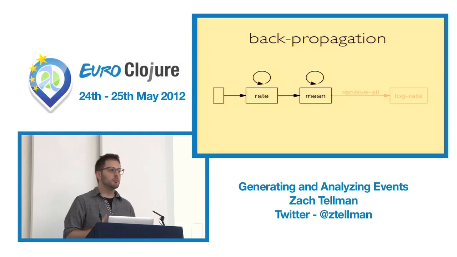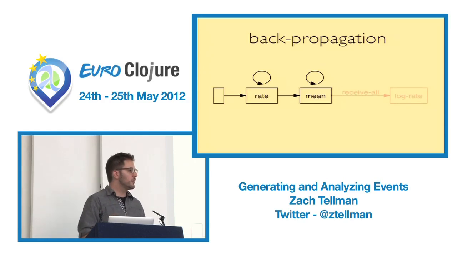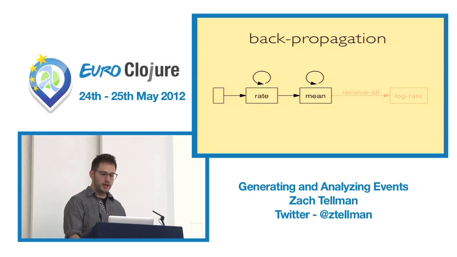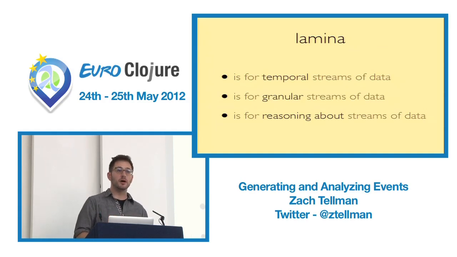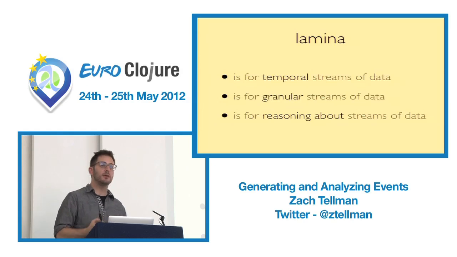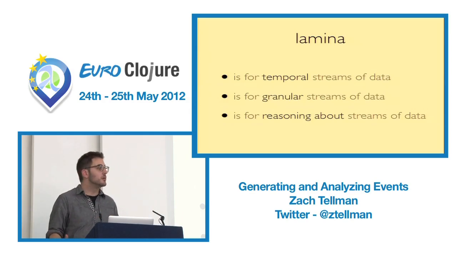It's not really a problem, but the point is that we're kind of tending towards this mechanism that I've already described. And so Lamina has a niche. It has something that it does well. It's good at dealing with temporal streams of data, data where we care about when an event occurs. It's good at dealing with granular streams of data because the incremental cost of having a complex topology is quite low.